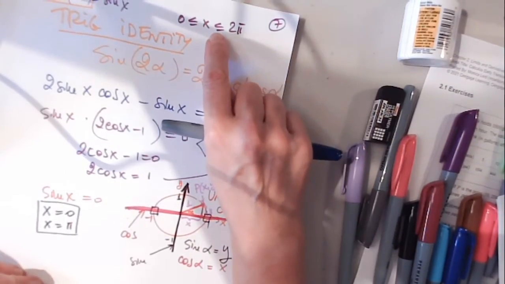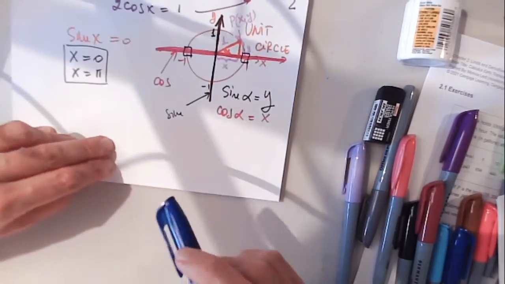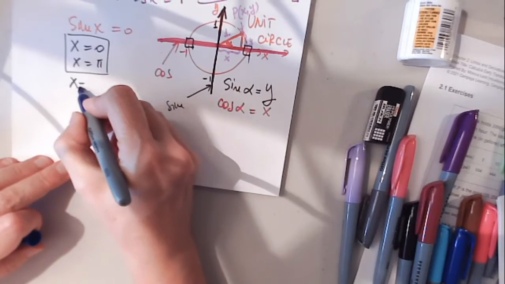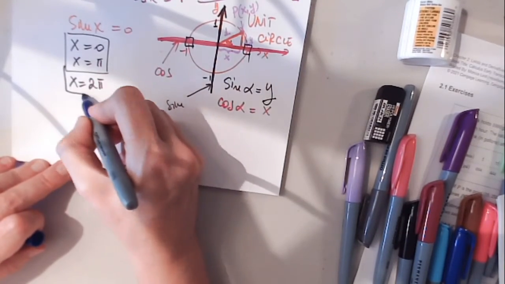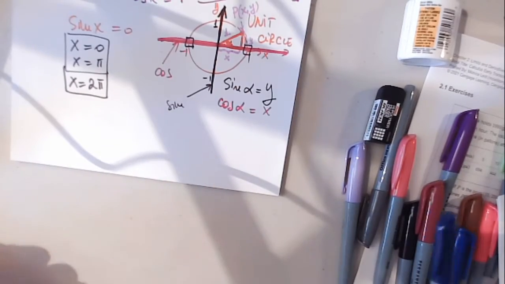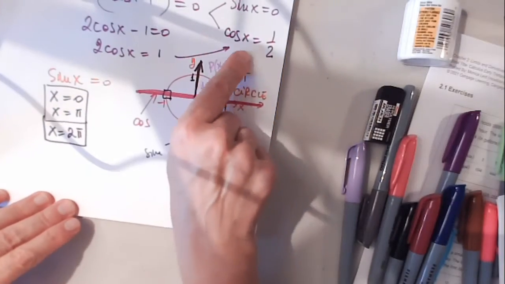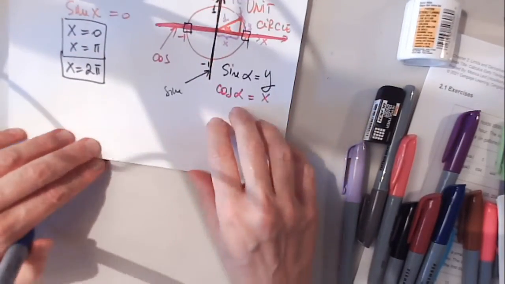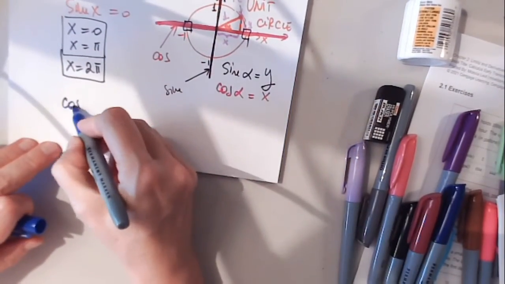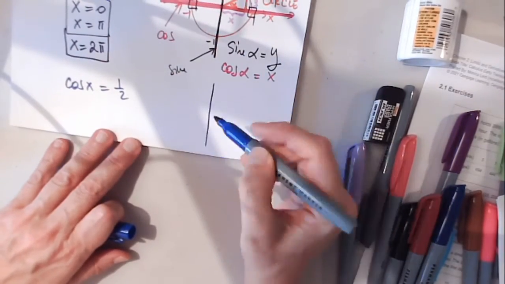Since they included the 2 pi, although it's the same point, I will also add x equals 2 pi. Is this enough? No, because I have another trig equation, cosine x equals 1/2. We go back to the unit circle.